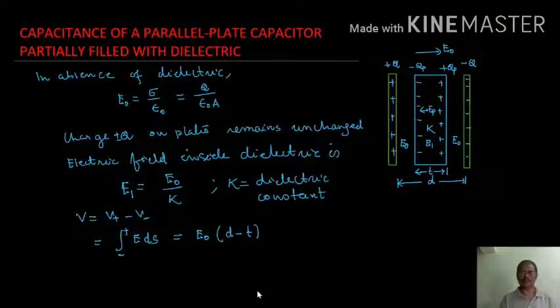So d minus t is the path length of the gaps on the left side and right side of the dielectric. So this is the potential difference in these two gaps. Then plus the potential difference across the dielectric, that is E1 into t, where t is the thickness of the dielectric. Clear?